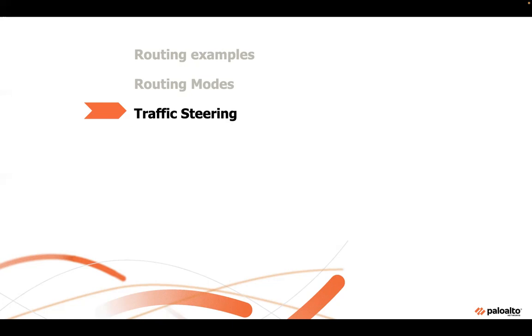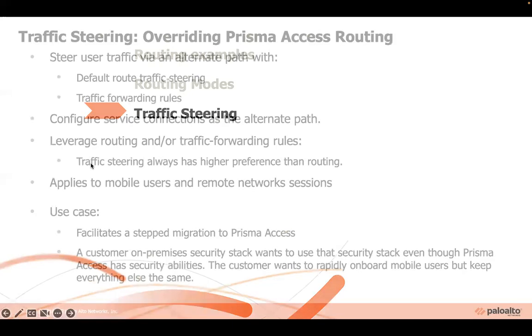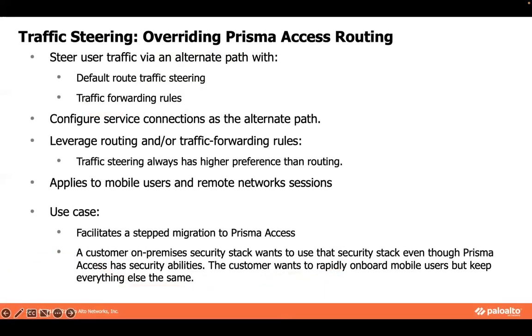But the idea with traffic steering is we have the ability to use things other than just a destination address to determine what direction traffic is going to go in. So we have the ability to do traffic steering based on our default routes, even default routing and hot potato.